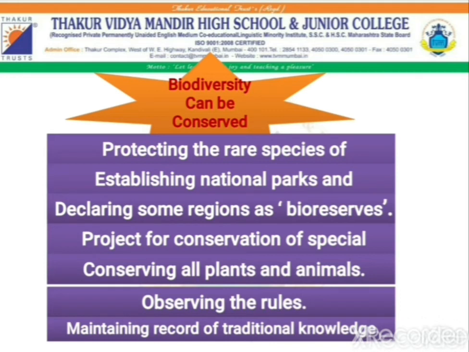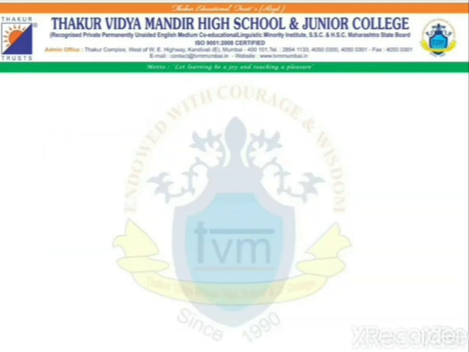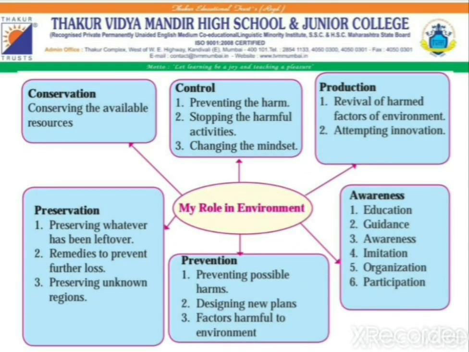Now, at this particular stage, it is very important for everyone to understand their role in the environment. Our role in the environment can be any one of these. It can be a control. If it is control, then preventing the harm, stopping the harmful activities, and changing the mindset.